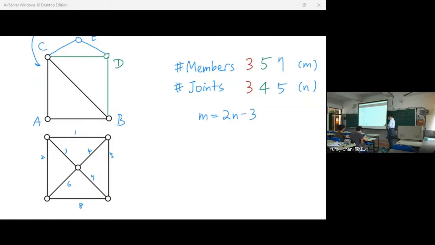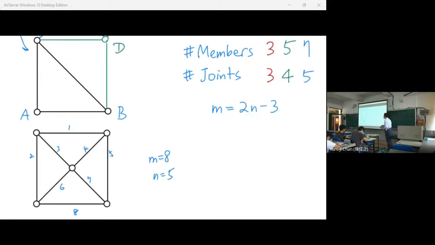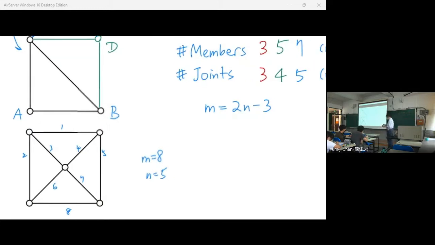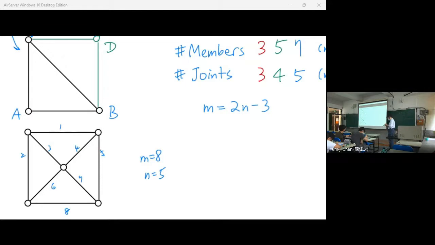So we have 8 members, and we have 5 joints. Here we have 8 members and 5 joints, and M is greater than 2N minus 3.